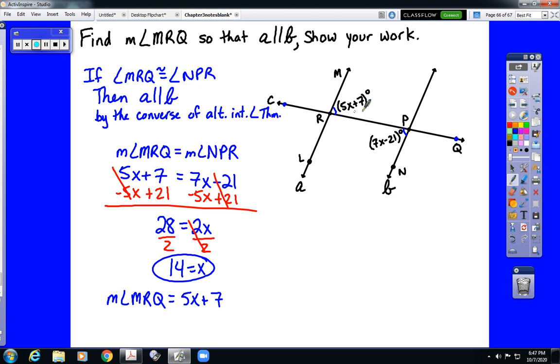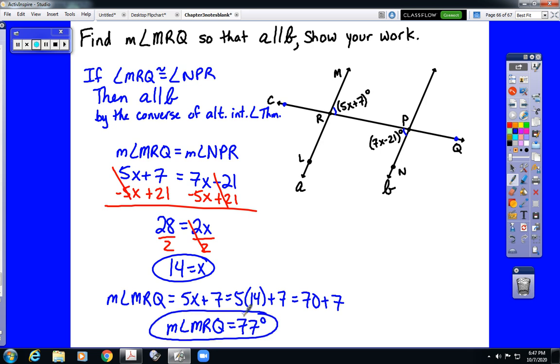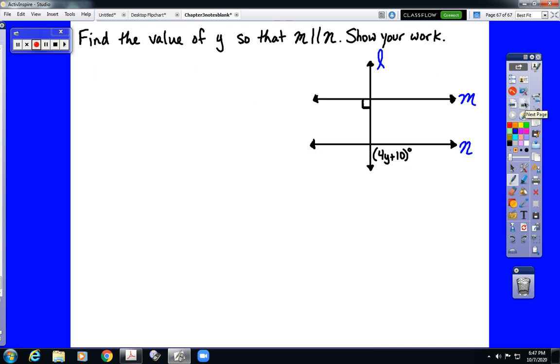MRQ is marked as 5x plus 7. So that would be 5 times 14 plus 7, or 77 degrees. So the angle that would cause these two lines to be parallel would be if MRQ was 77 degrees.